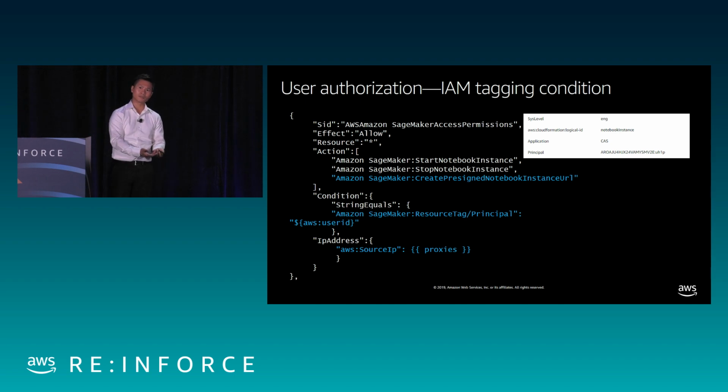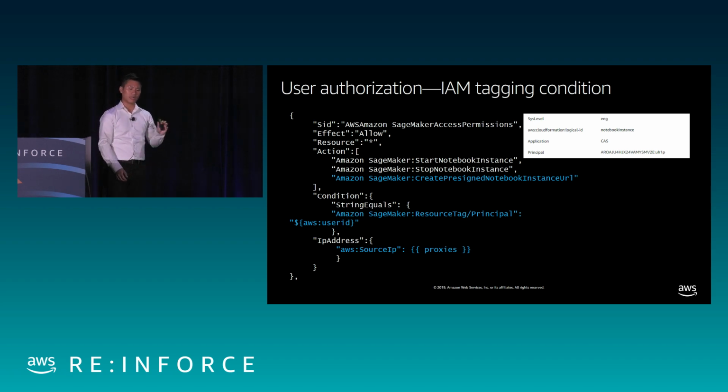By doing so, we enforce the user authorization, meaning the user who launched the Service Catalog product, only that user can log into the notebook itself. For example, you have a user A and user B in the same IAM role. User A can log into that notebook, but user B cannot log into that notebook at all.